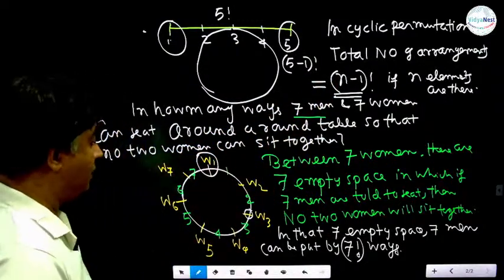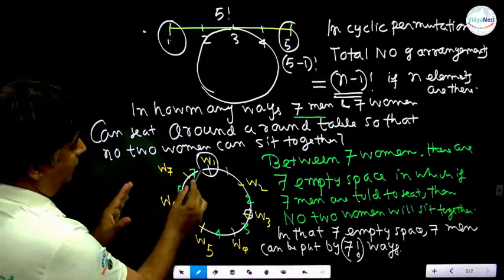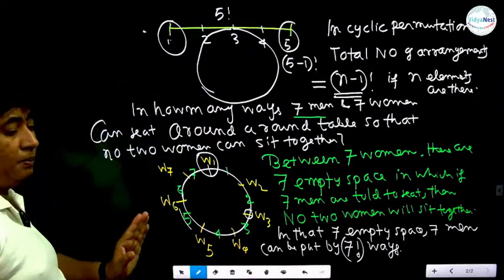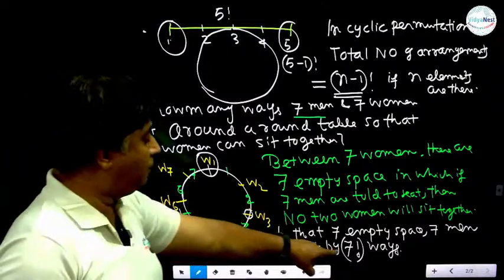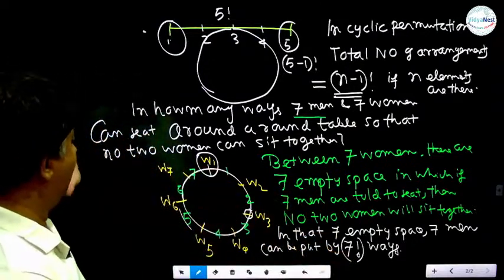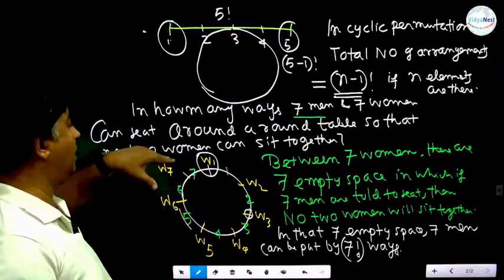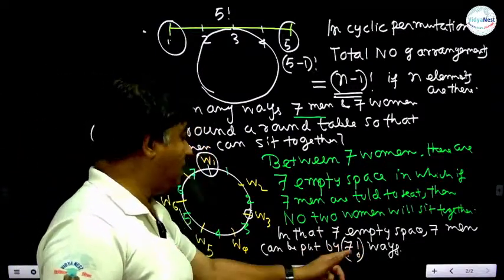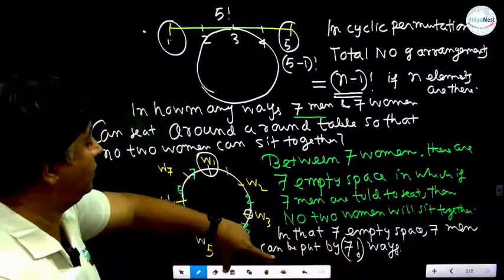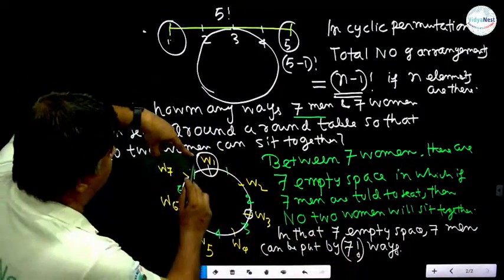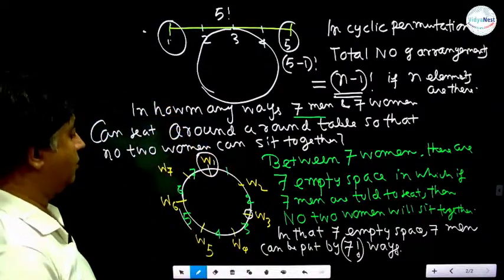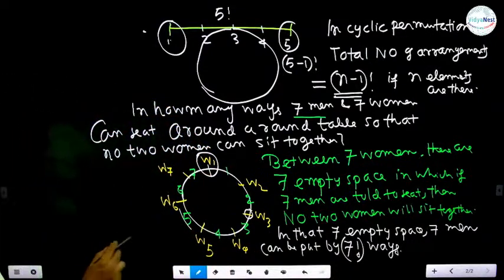Why? Because had the position of the women been fixed, then that would be the answer. But as the position of the women is not fixed, each of these factorial 7 ways will have an arrangement with each position of these women.